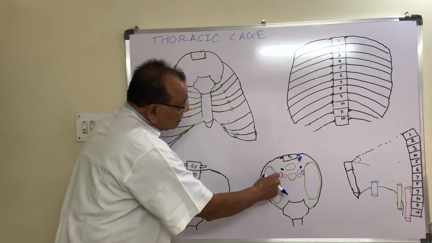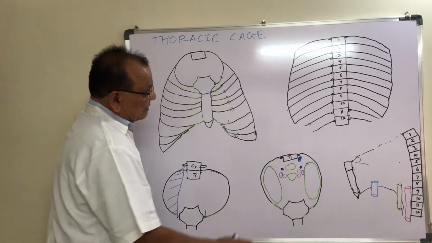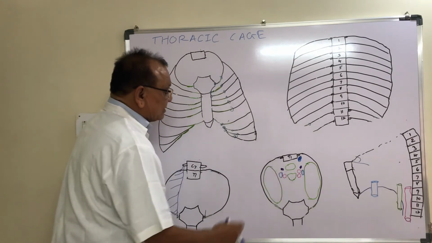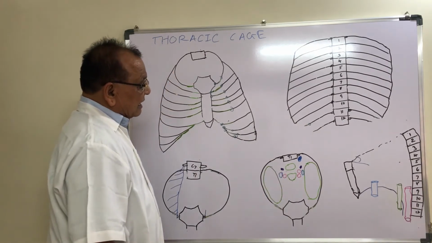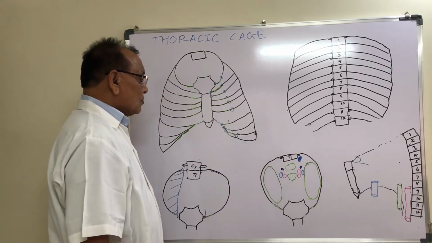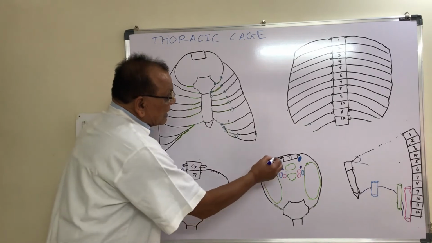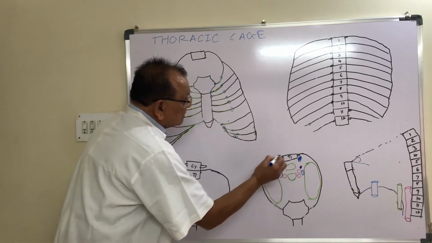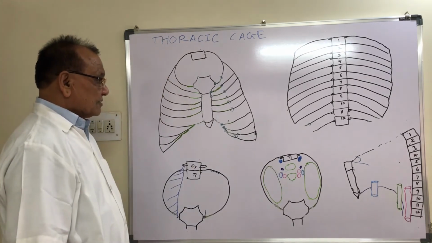So this is the right brachiocephalic vein. Lateral to it there is a vein that is called the left brachiocephalic vein, and behind it you will get the right vagus nerve or 10th cranial nerve, and here most posteriorly you will get the right sympathetic trunk.